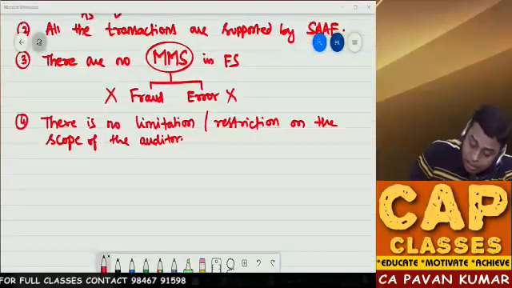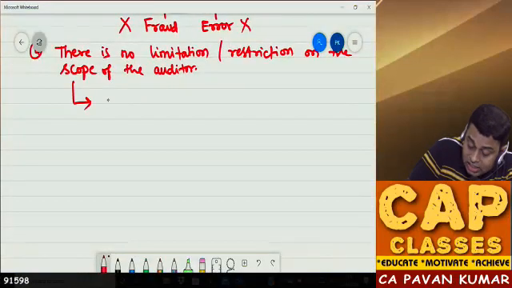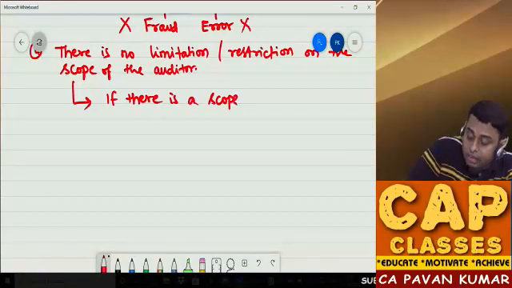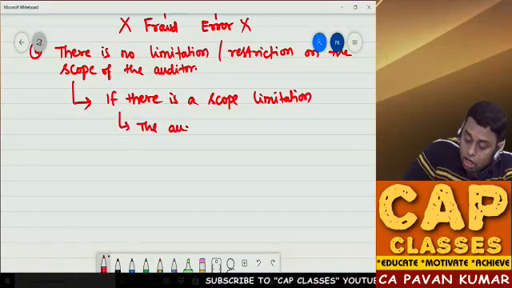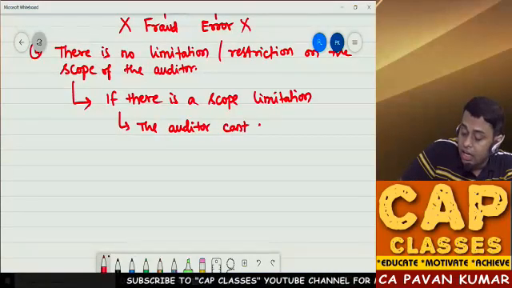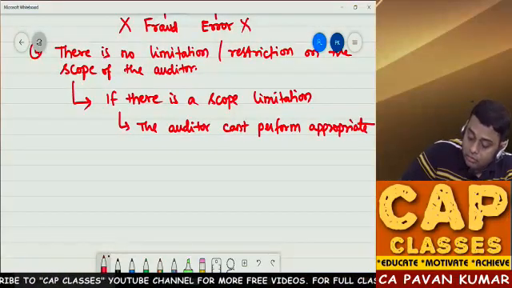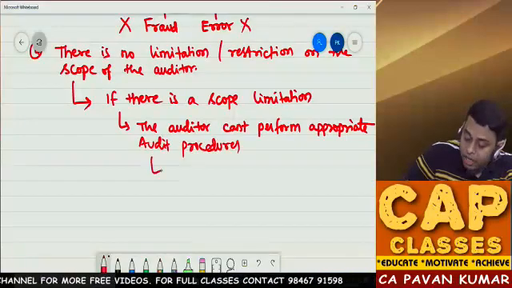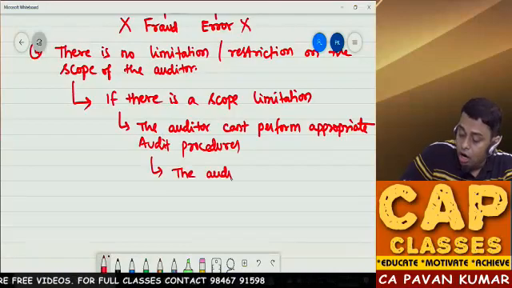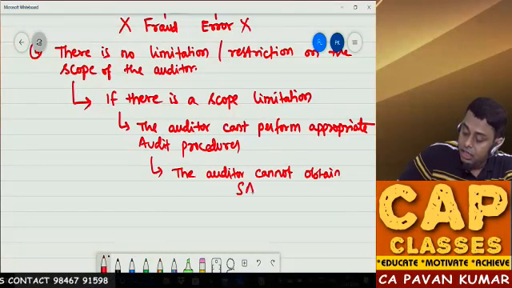Now, if this happens, what is the problem? In this situation, if there is a scope limitation, the auditor cannot perform appropriate audit procedures, so the auditor cannot obtain sufficient appropriate audit evidence.